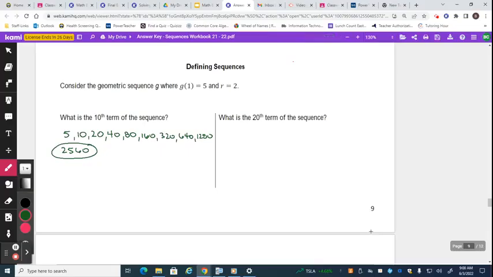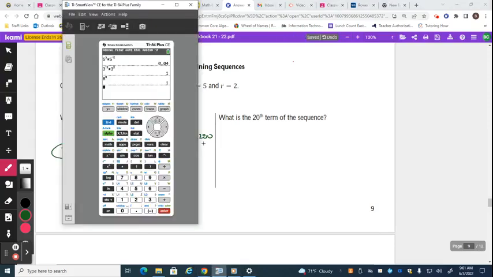So if I start off with 5, I'm going to multiply by 2 over and over again. And how many times am I multiplying by 2? I'm multiplying n minus 1 times. So in this case, I'm multiplying 2 to the 9th power.